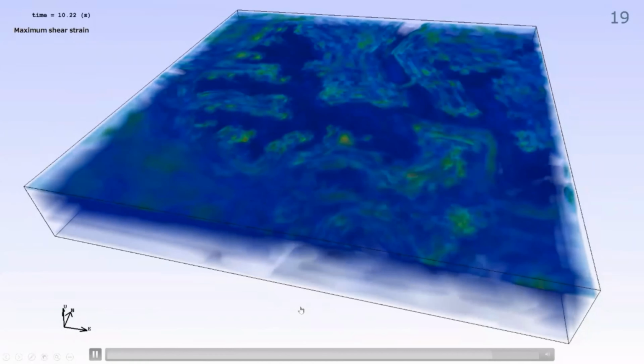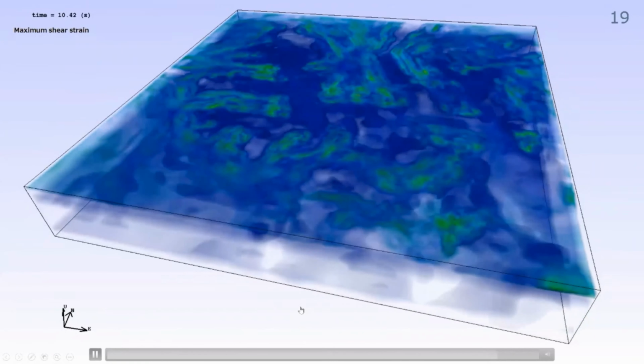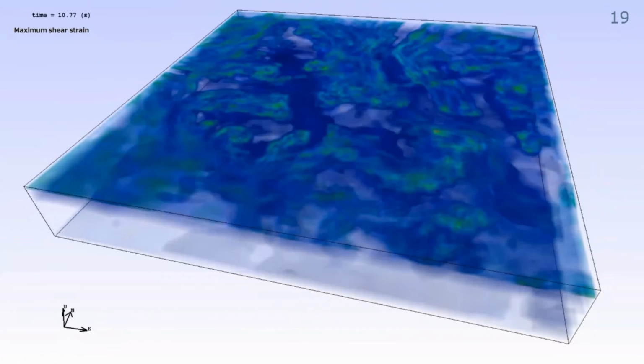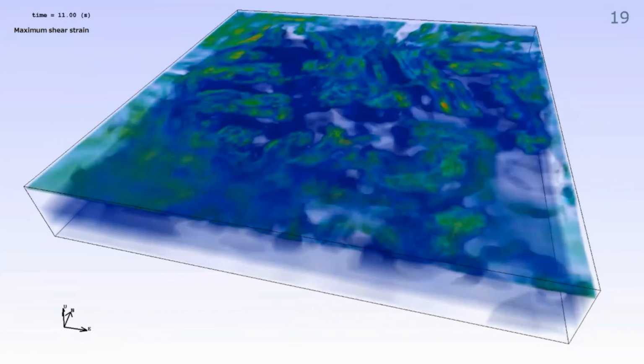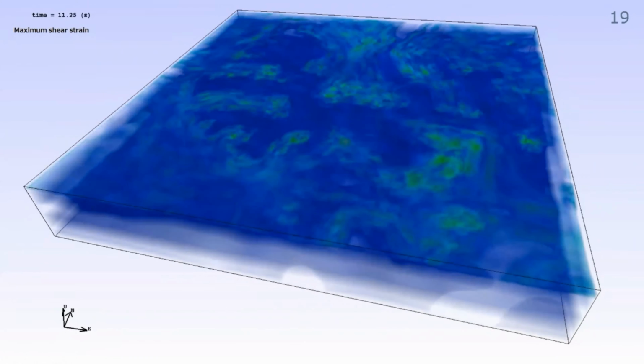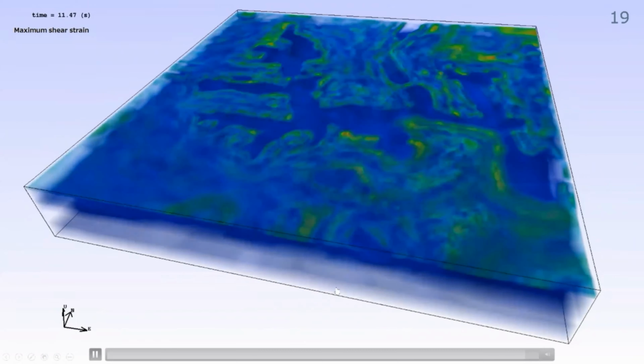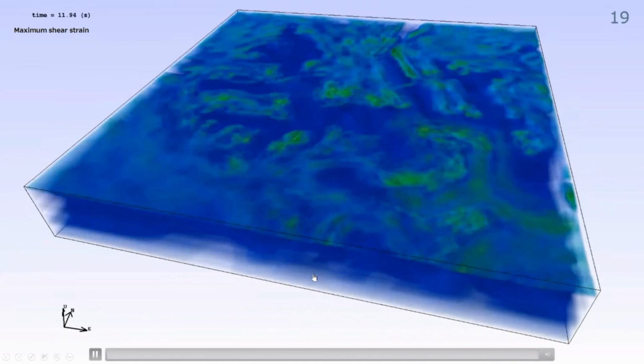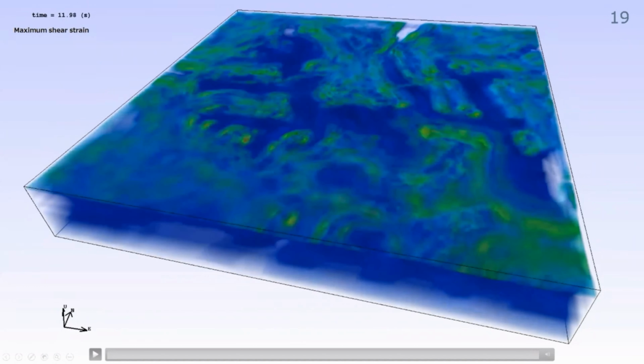This is the strain distribution inside the soil structure. Of course, it's difficult to observe the strain distribution inside soil structures, but via this kind of numerical simulation, we can see it. This is useful for the lifeline or so.